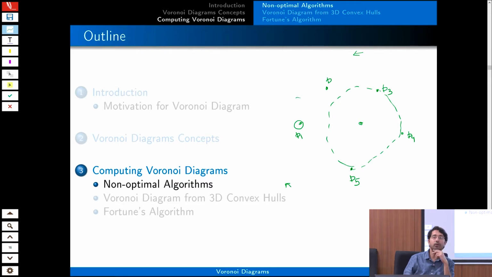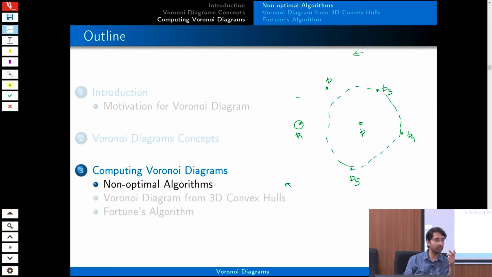Can we say that this is a Voronoi vertex? Does this point, say P, belong to the Voronoi region of P3? Because what is the closest site point from P? P3. Does it belong to the Voronoi region of P4? Does it belong to the Voronoi region of P5? So, this is a Voronoi vertex. So, it is an if and only if relation.